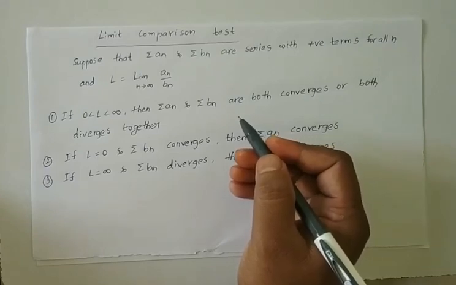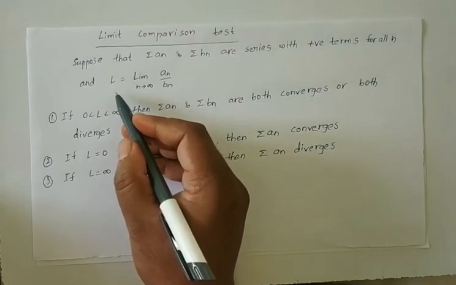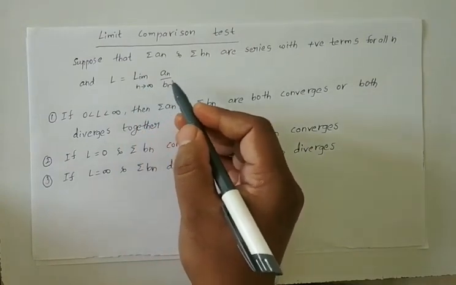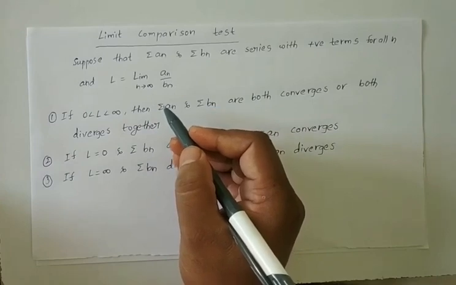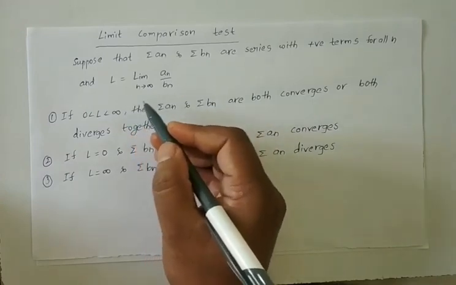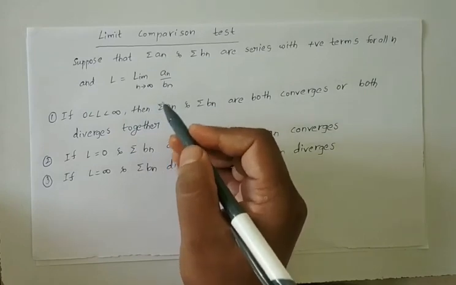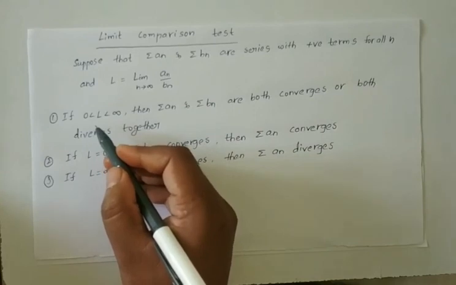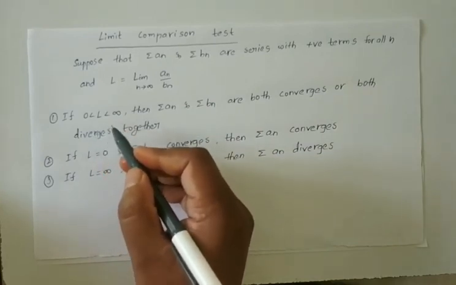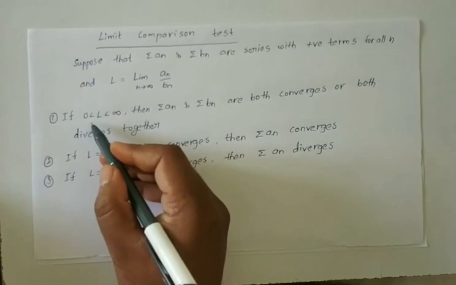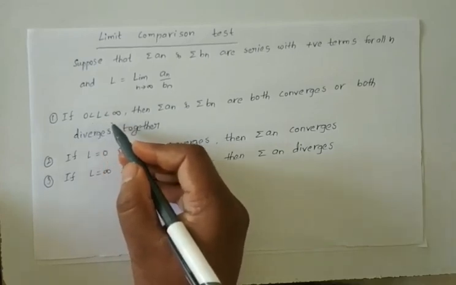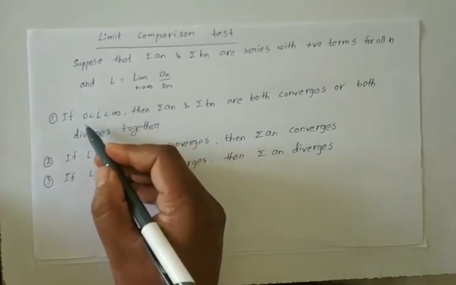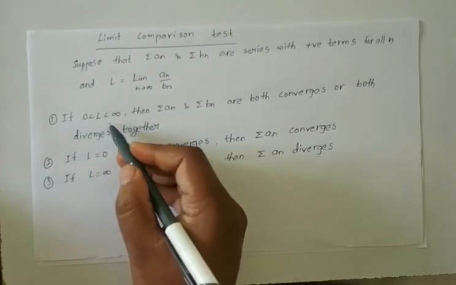You observe that here, L is equal to limit n tends to infinity an by bn. So here we have to find the value of L. First one, 0 less than L less than infinity, which means that L is not equal to 0 and L is not equal to infinity.